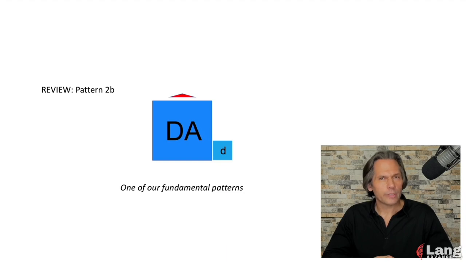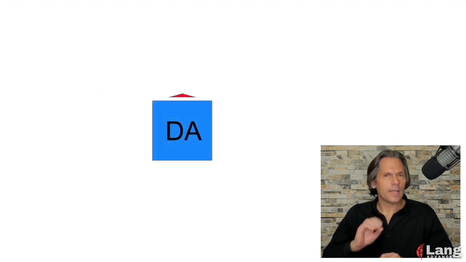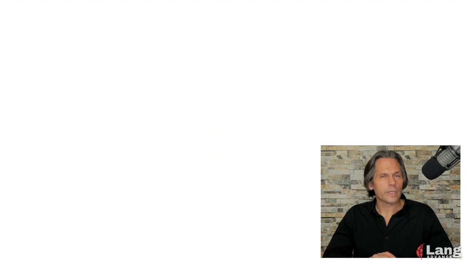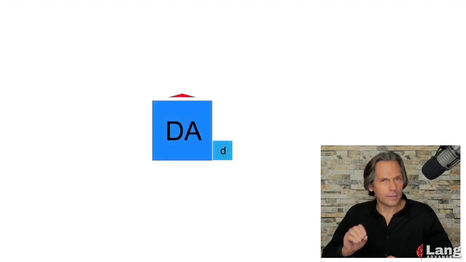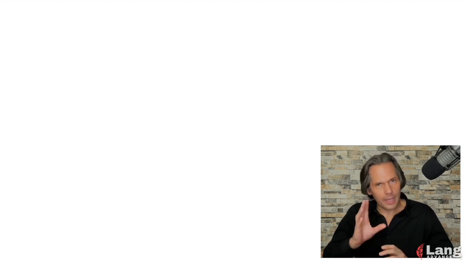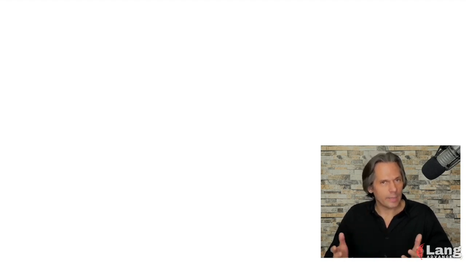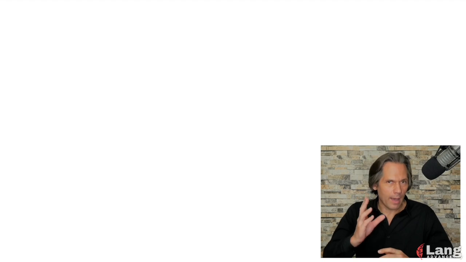In other words, to say da or to say dad probably doesn't feel very different to you. And that's exactly what you want. You want dad to feel just as easy and natural as if you're saying da.